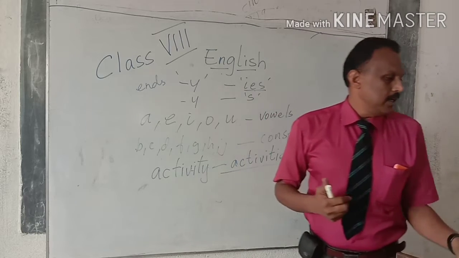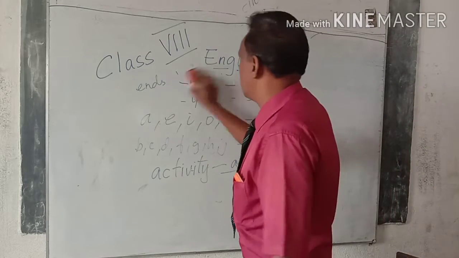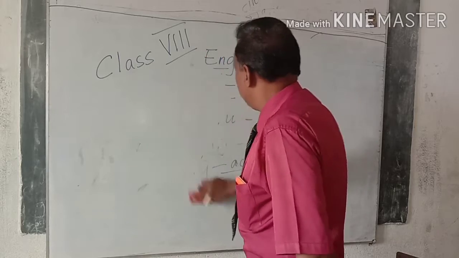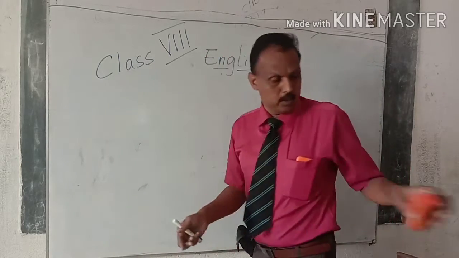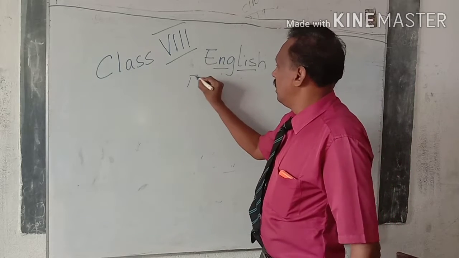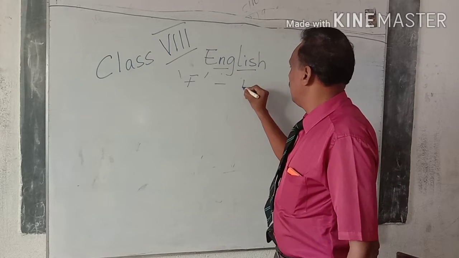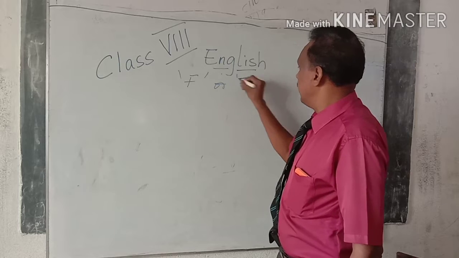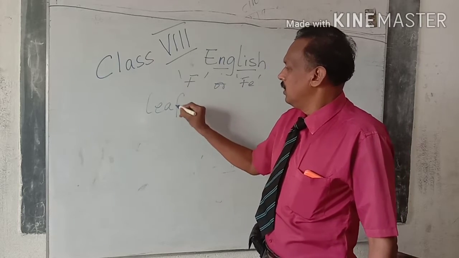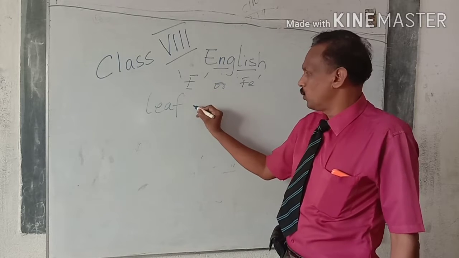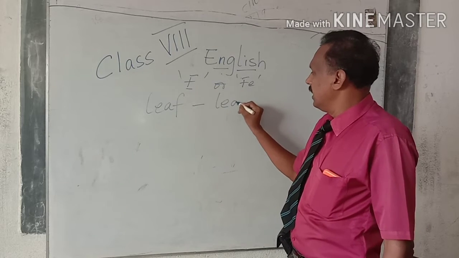Is it clear? And the last one for today, if it ends with F or FE, you might know the rule. For example, leaf. You can see here it ends with F. So what will be the plural?